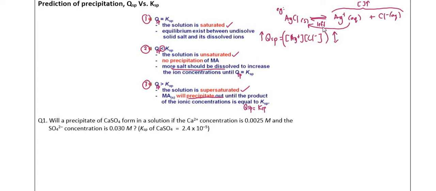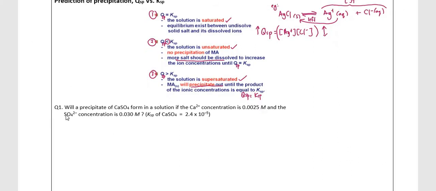So, sistem akan shift to the left sebab dia nak kurangkan balik concentration ion. Bila shift to the left, dia akan form more solid. That's why dia sebut supersaturated. Banyak solid terbentuk. Precipitate out. That's why ini kesan-kesan yang terjadi hasil daripada nilai QSP besar ataupun kecil daripada KSP.